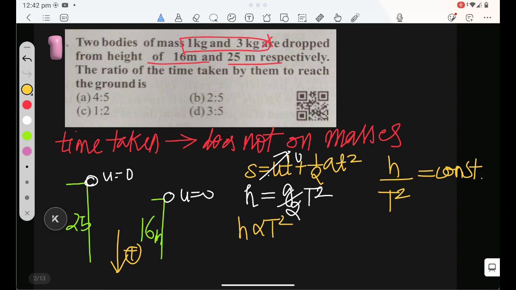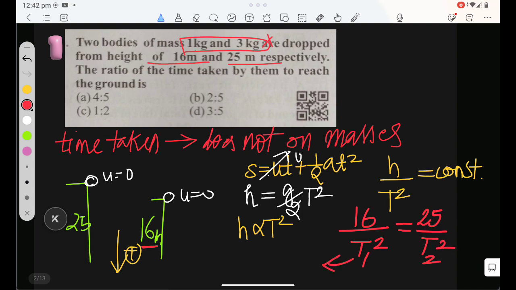So I can write it as, if h by t square is equal to constant, then h1 by t1 whole square is equal to h2 by t2 whole square. So h1 is 16 meter, by t1 whole square is equal to h2, that is 25, by t2 whole square.